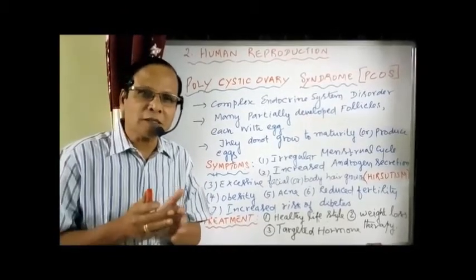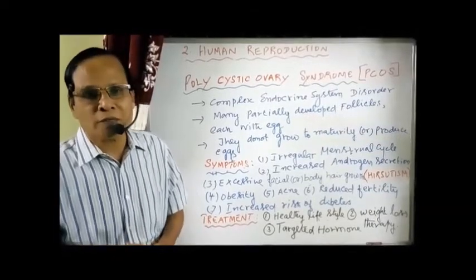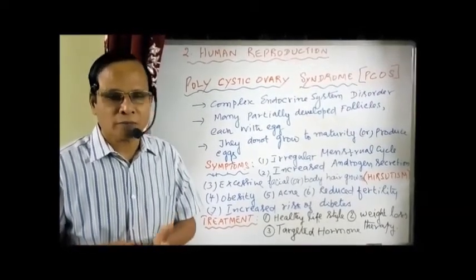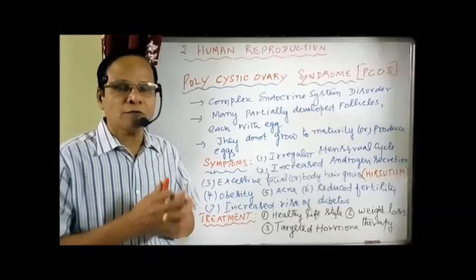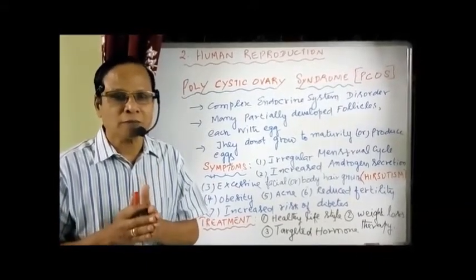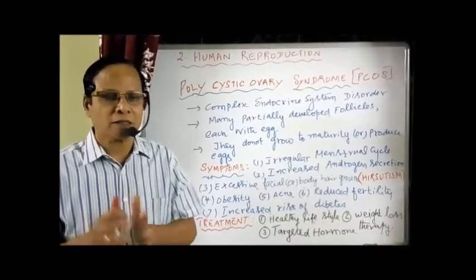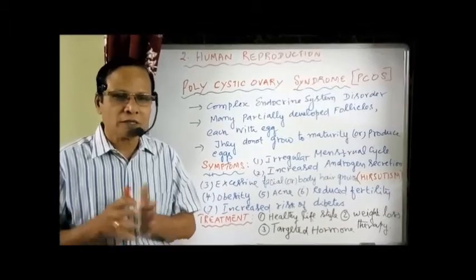The second one is increased concentration of androgens. Androgen is a male sex hormone found mainly in males. But in females, androgen is secreted by the adrenal cortex of the adrenal gland, which also produces sex steroids.